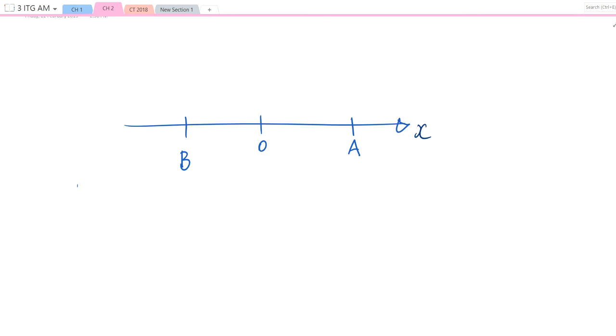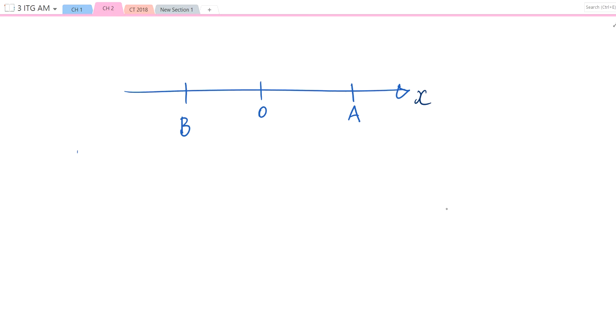Let us take x to be the displacement again. But this time, we are only interested in the magnitude. So you would agree with me that x, which is the displacement, can have negative values. In this case, an example will be B. It can take a value of 0, which is at the origin, and it can take positive values, one of which the example will be at point A. But suppose we only want the magnitude.